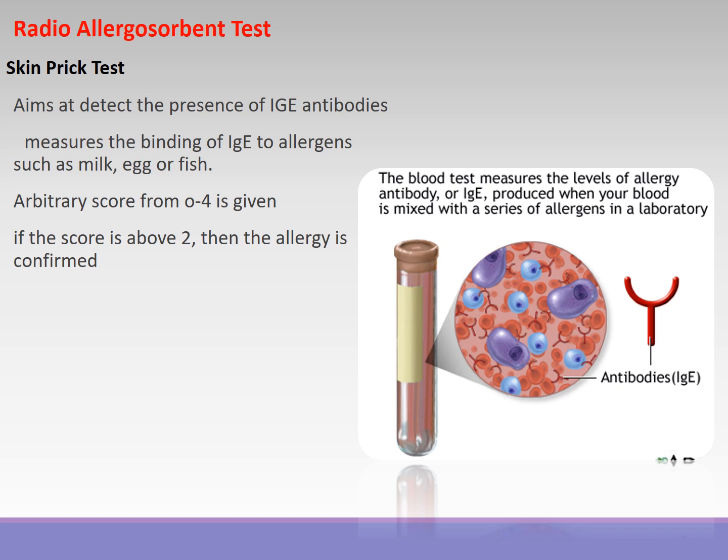The theory behind this is, whenever a patient who is allergic to milk, egg or fish or anything else creates the antibody, immunoglobulin E will bind with the allergic substance to get rid of the substance. So based on this theory, the measurement of immunoglobulin E is done to measure the rate of allergy occurring in the body. An arbitrary score from 0 to 4 is given, and if the score level is above 2, then the allergy is confirmed.